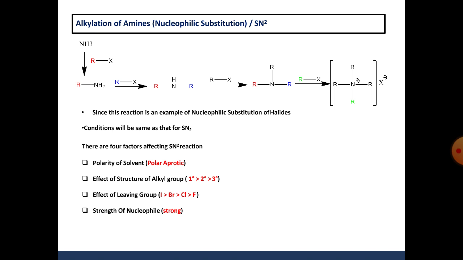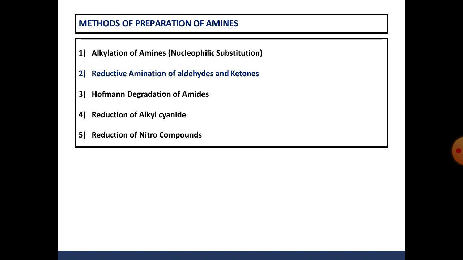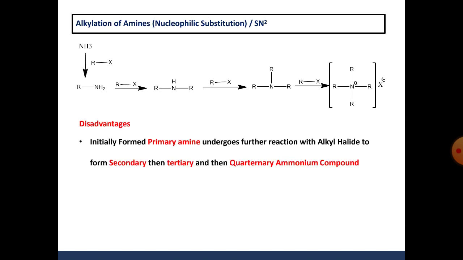Similarly, but it has a disadvantage because primary amines further undergo reaction and convert into secondary and tertiary, which means there is formation of a mixture of primary, secondary and tertiary amine.